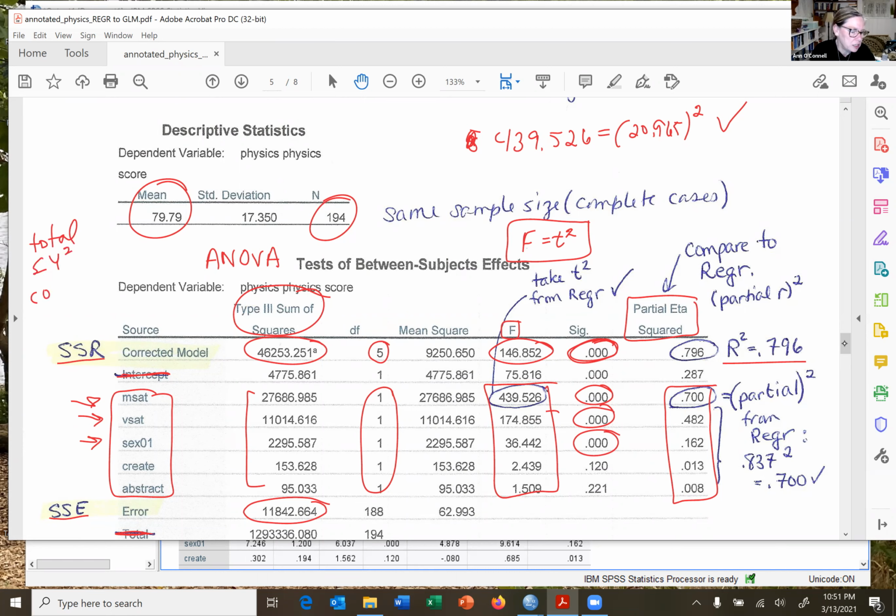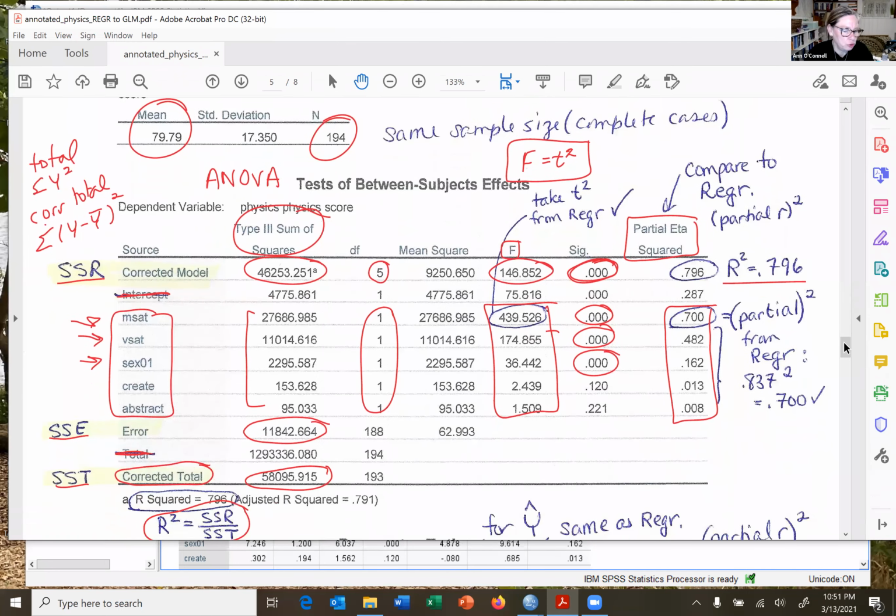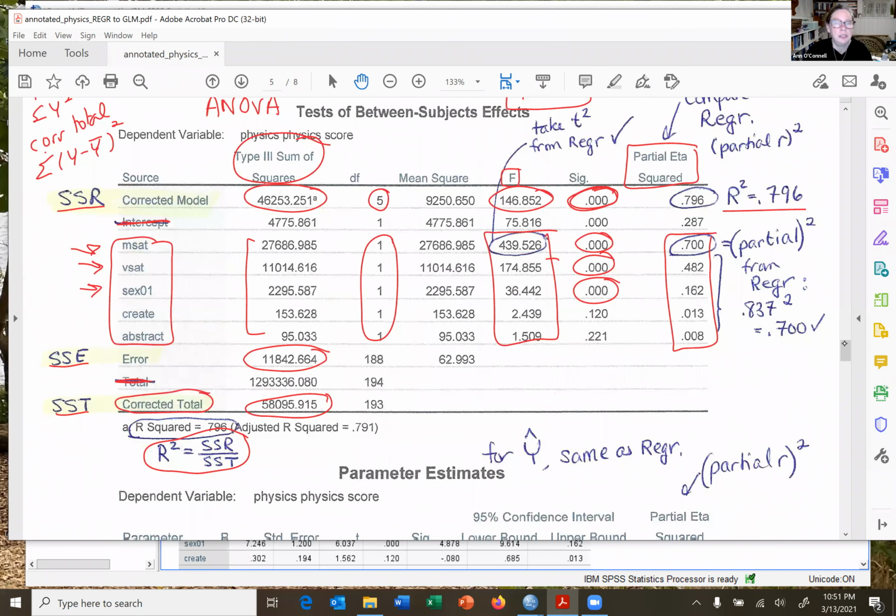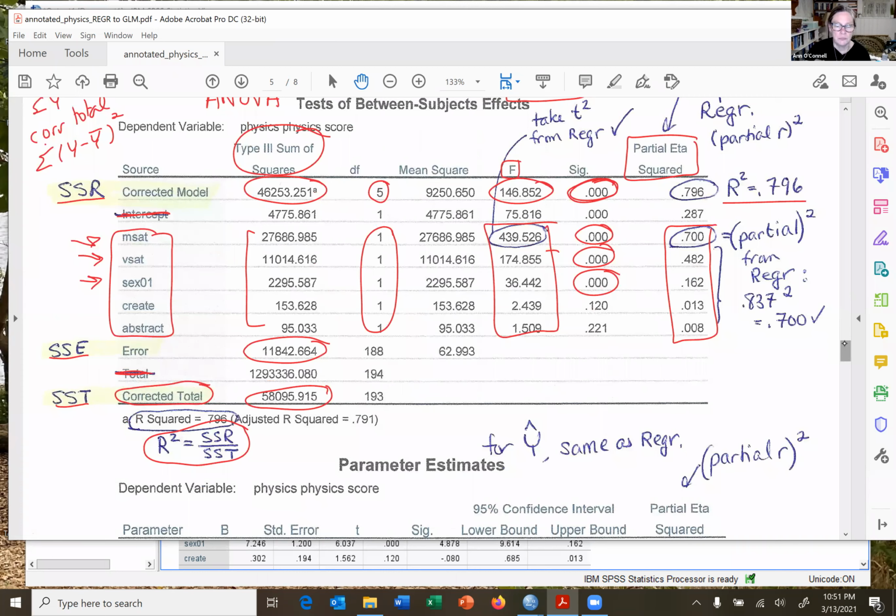And then the corrected total is our familiar sums of squares for the total. So that's the sum of y minus y bar quantity squared. So it's always that corrected total that we want to use, say, in the denominator for the R squared.